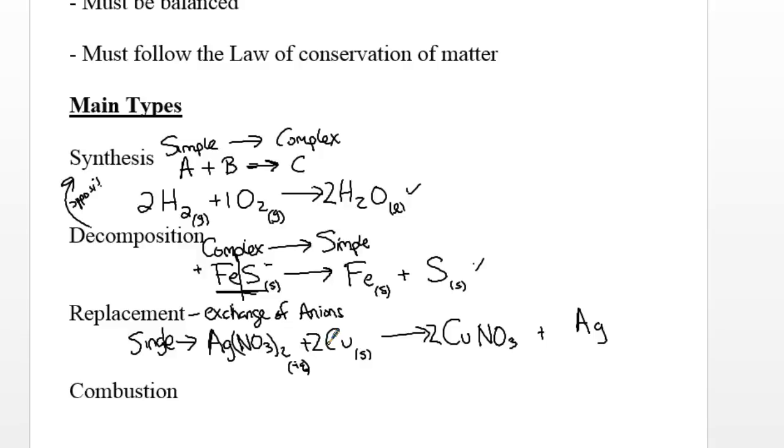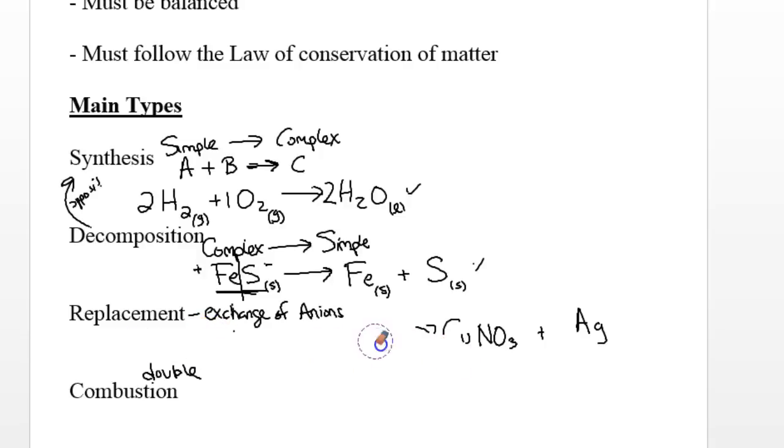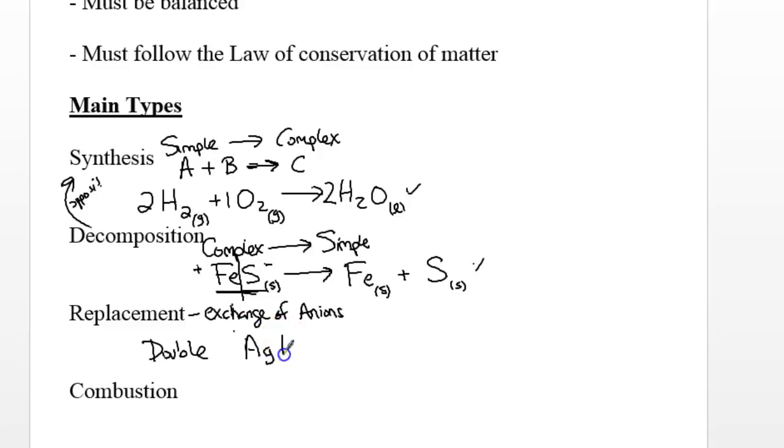You can also, though, have a double replacement. And I'm going to erase this here, so make sure you have it done. You can always rewind back. Put the double up here. Okay. So the double replacement would be, I should say, instead of having just copper by itself, we have AgNO3.